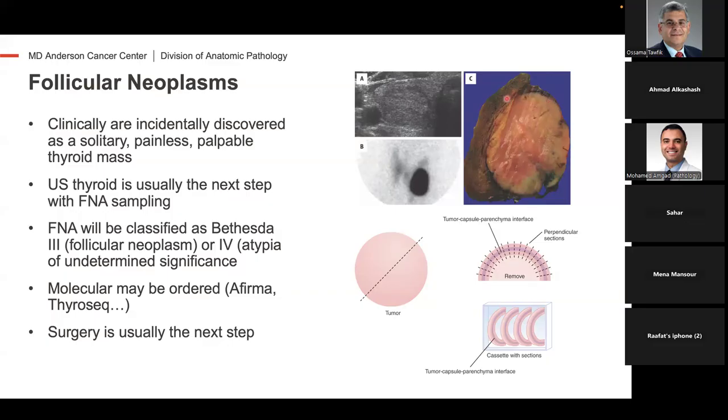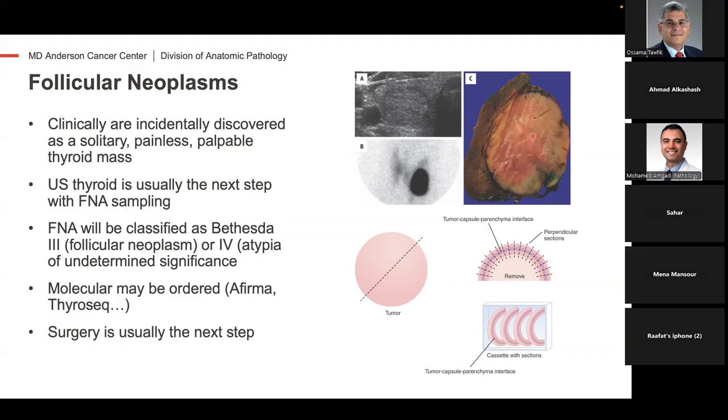You can see here benign thyroid parenchyma on the outside and a very well circumscribed lesion. It seems like you can pull that lesion out. In all institutions that I've worked in, the recommendation is to try to submit the entire capsule.